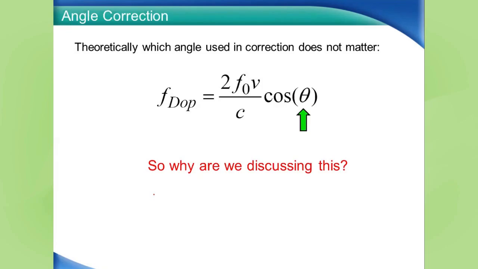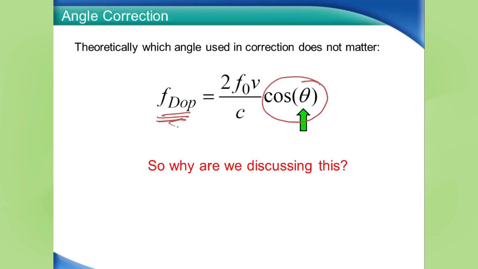So if the blood is moving at an angle other than 0, straight towards, or 180 degrees, straight away, we're not going to get the full Doppler shift. We're only going to get a percentage of it based on the angle. So this cosine theta is there to adjust the Doppler shift that we measure when it's not 100%, so that we can correct it and get the true velocity out of the equation.